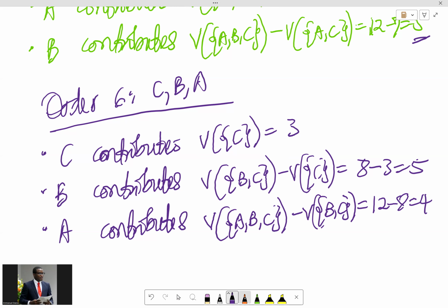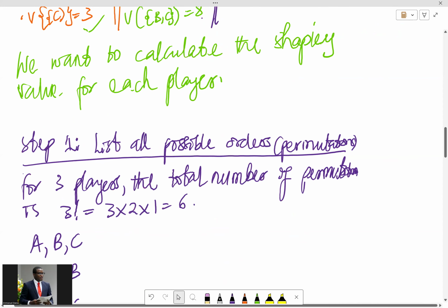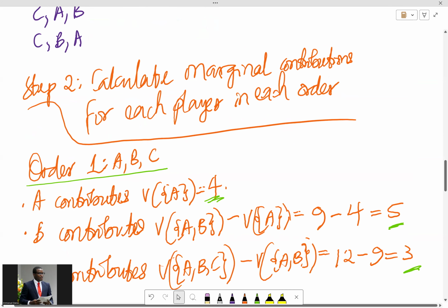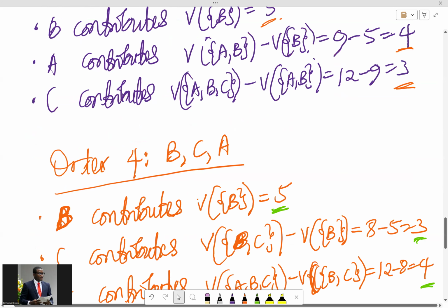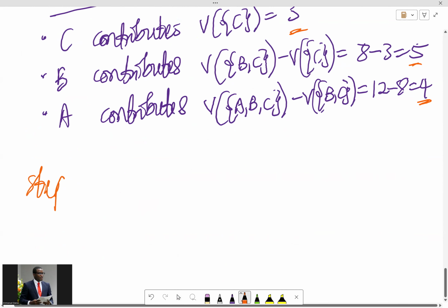So again, we have 3, 5, 4. So it's 3, 4, 5, 3, 5, 4, and all those. So we have finished step 2, listing all possible permutations and calculating the marginal contributions for each player in each order. So we go for step 3.